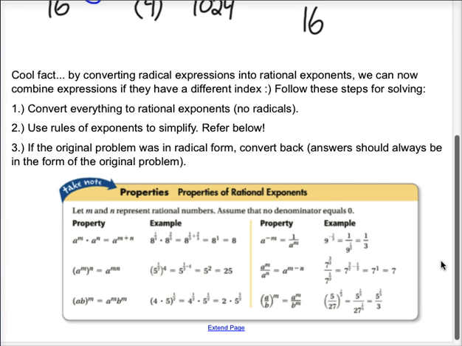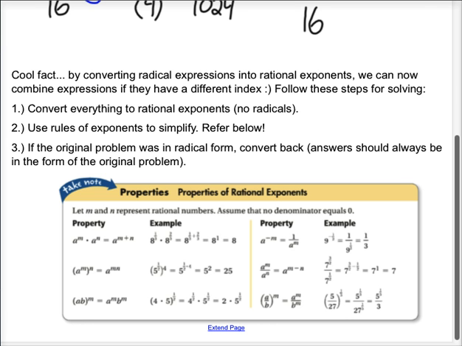That concept bite we took, this is why we did that, because all those rules of exponents apply today, but now we have to apply them with fractions, which is something you haven't done yet. And then step 3, finally, if the original problem was in radical form, you want to convert back. In this section, you always want to answer the question in the form of the original problem.